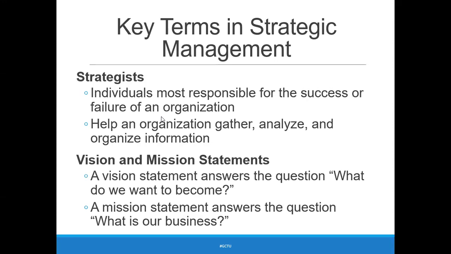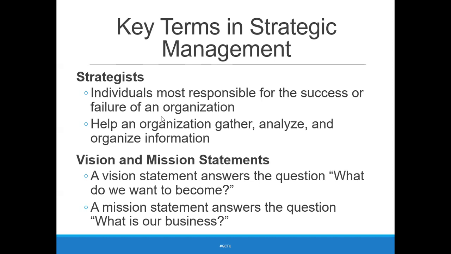Now, the concept of a strategist. So who is a strategist? Strategists are individuals that are mostly responsible for the success or failure of an organization. For that reason, they usually occupy top positions in an organization.